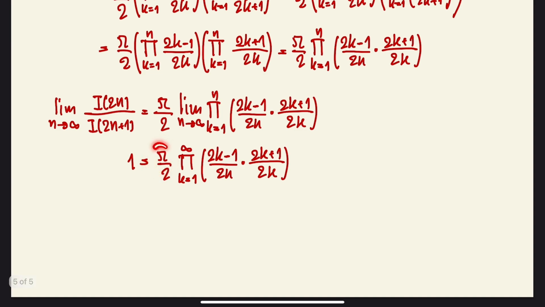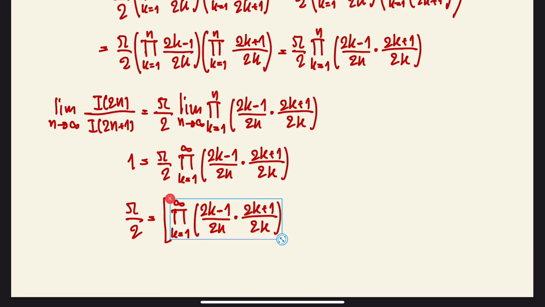Now we are almost there. We have this pi right here, pi over 2. So pi over 2 is going to be this term raised to negative 1.